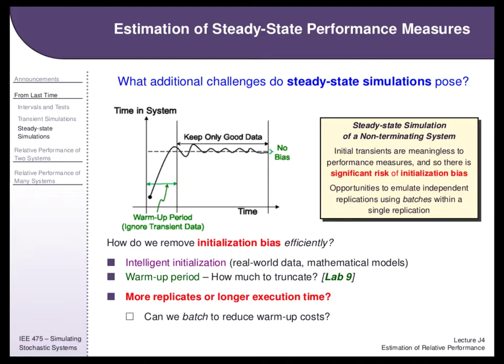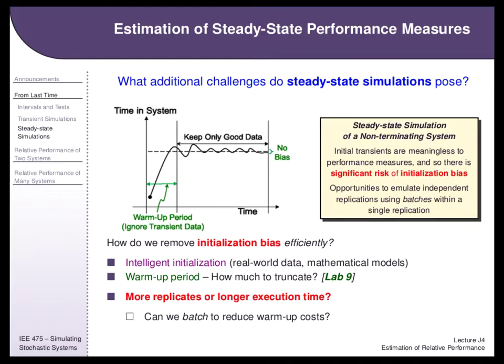We talked about how you can initialize the simulations a little smarter, maybe by using mathematical models. Maybe you create this warm-up period I was just talking about. Or maybe, even though your analysis of the confidence interval says you need more replications, there's a way for you to run one replication for much, much longer, and then you only have to pay this cost once.